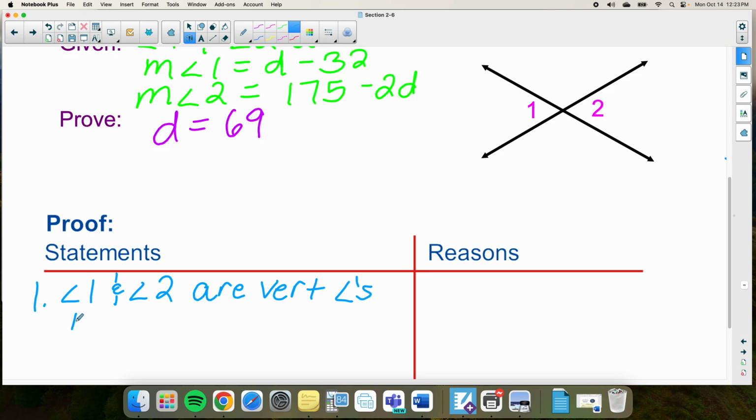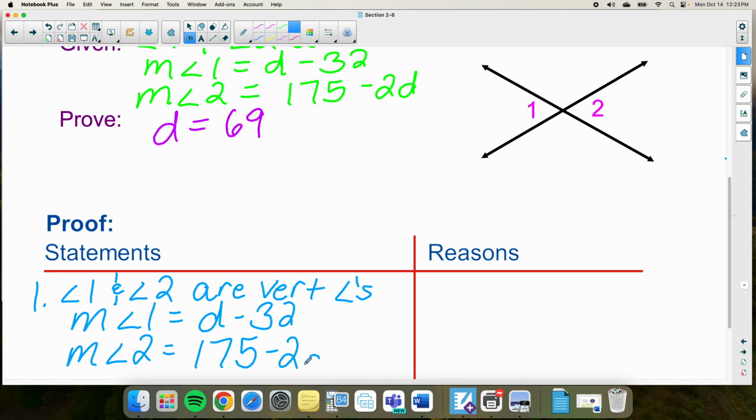Then we're going to say the measure of angle 1 is D minus 32. And the measure of angle 2 is 175 minus 2D. And that is given.